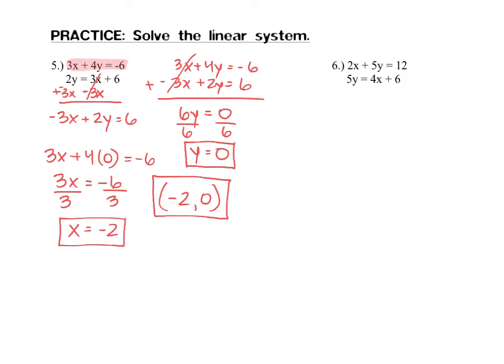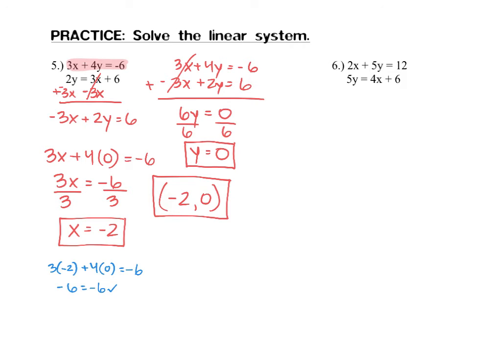And again, you're not required to check, but here's what I do. I just do a real quick kind of chicken scratch as I plug this in, and that's what I would encourage you to do. So I'm going to take 3 times negative 2 plus 4 times 0 and make sure that equals negative 6. Yep, 4 times 0 is 0, so this would just be negative 6 equals negative 6.